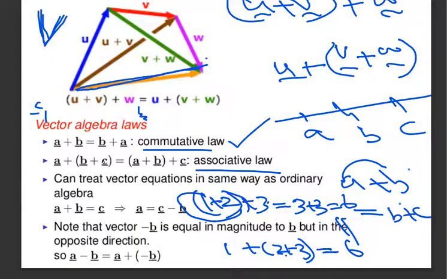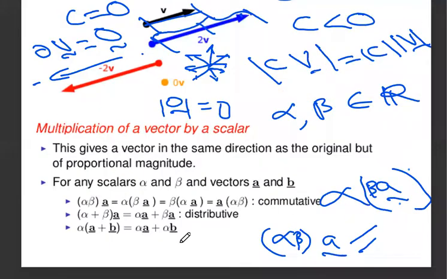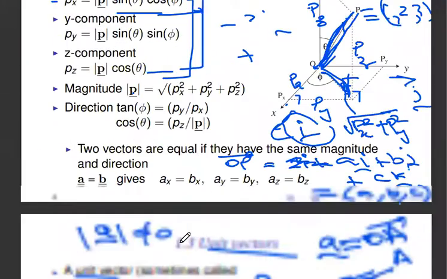Here, this is the dot product, and this is B and the dot product. Because this is a scalar, we cannot define it like this. So this is not defined. The dot product does not have the associative property, but it has the commutative property and the distributive property.